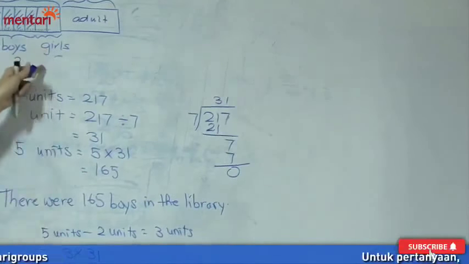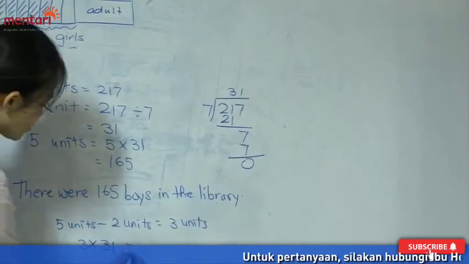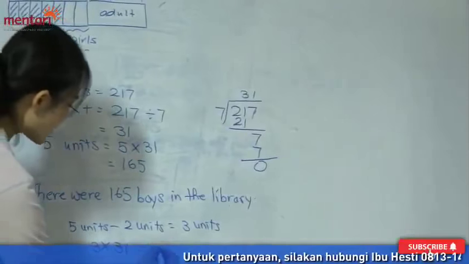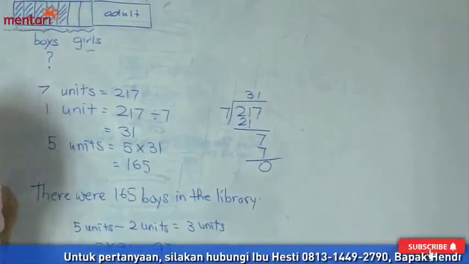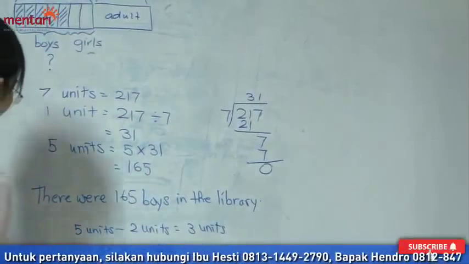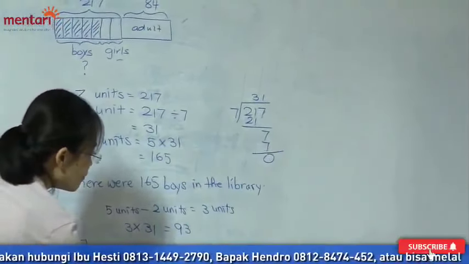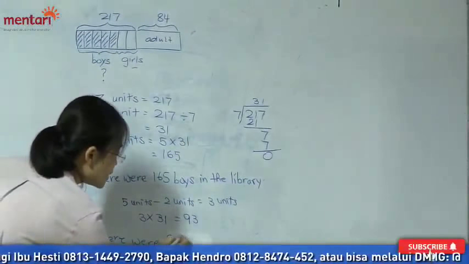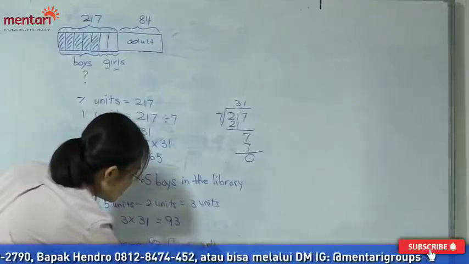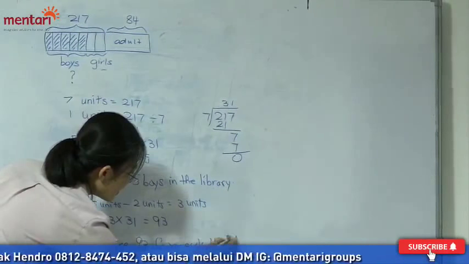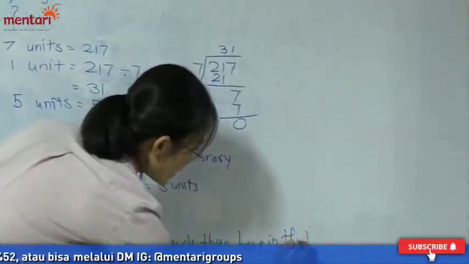Remember, we are still talking about the same unit, 31. And 3 times 31 is actually 93. And therefore, to answer question B, there were 93 fewer girls than boys in the library.